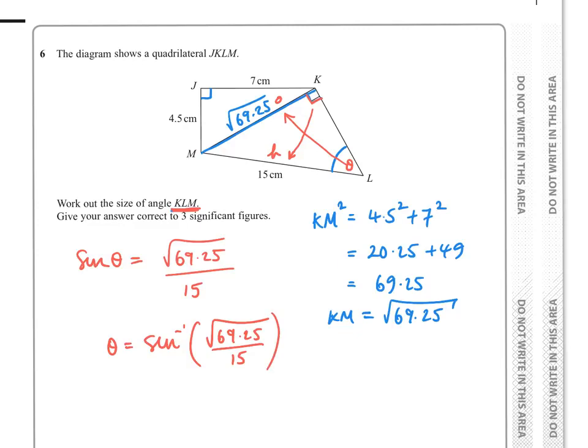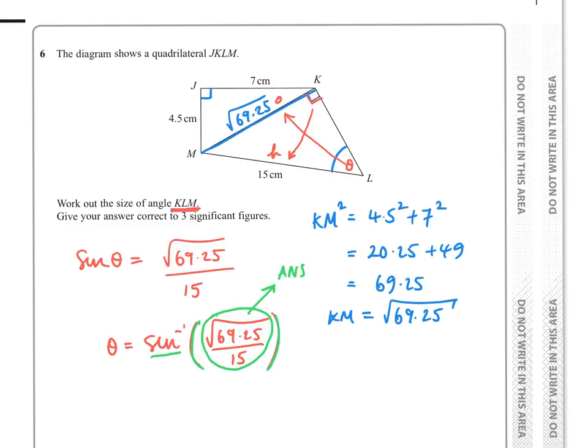So we've got arc sine, and I'm going to do bracket 69.25 to the power, and I'm going to put 0.5 because that's the power half, which is the square root sign, and then divide by 15, and then close the bracket. What you can do if you're worried is just do each part on its own separately. So work that out first, call it ANS, and then do sine to the minus 1 of ANS. That's another quick way of doing it.